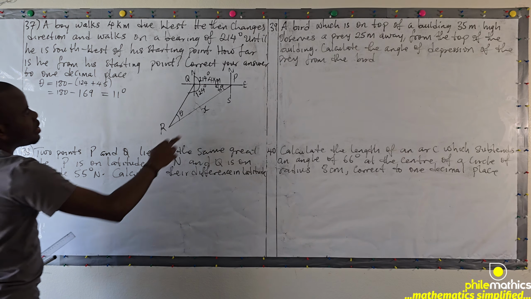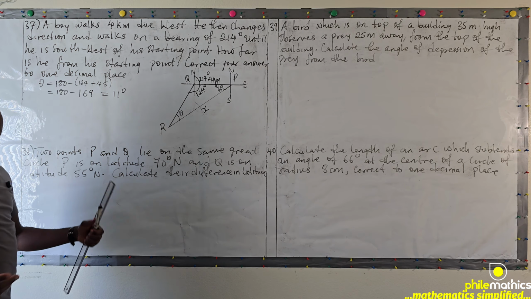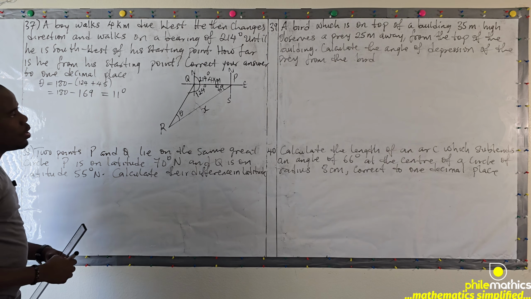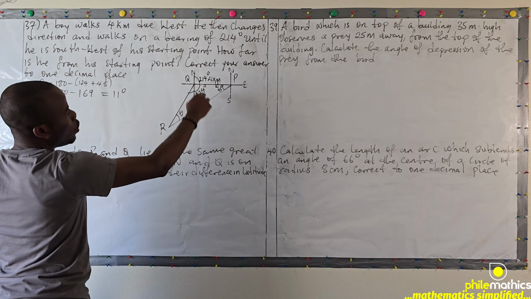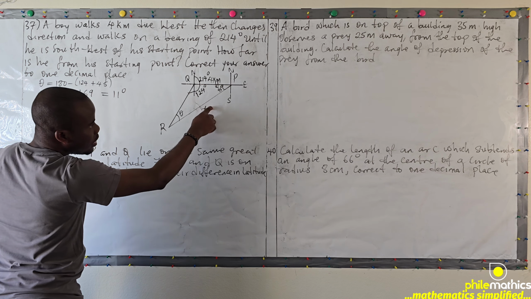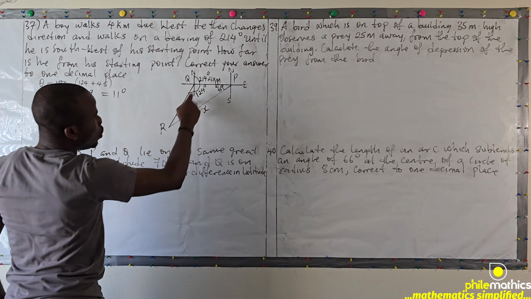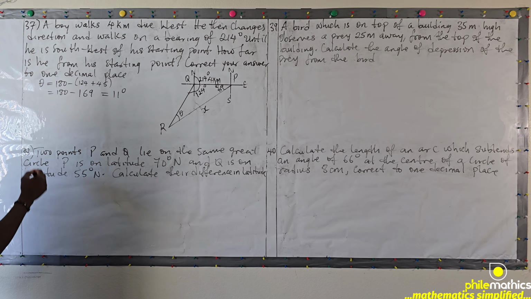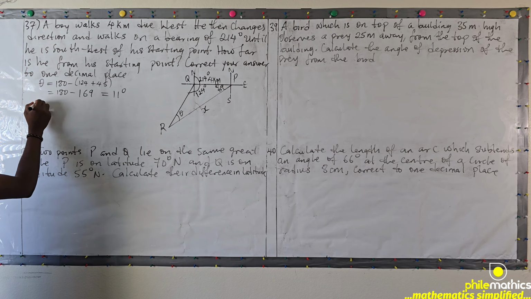Now, how do we find this distance? We can remember sine rule. Since we know this angle, we're looking for this, and we know this distance and this angle. From sine rule, you can say x over sine 124 must equal this 4 kilometers over this theta we have gotten, which is sine 11 degrees.